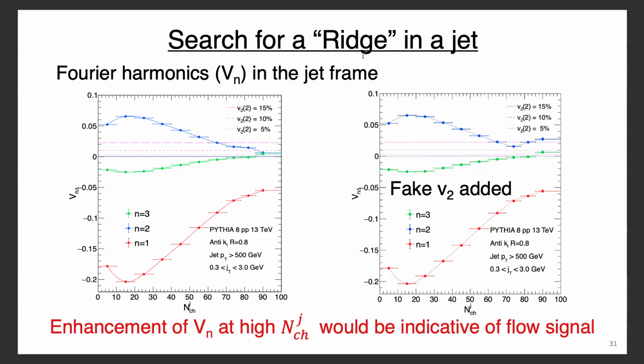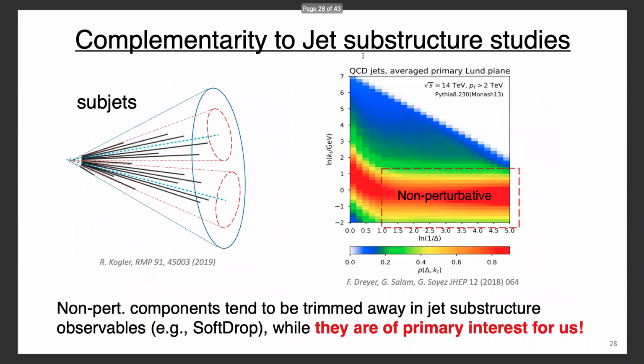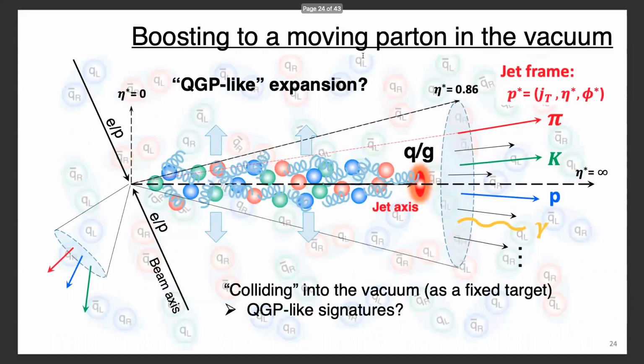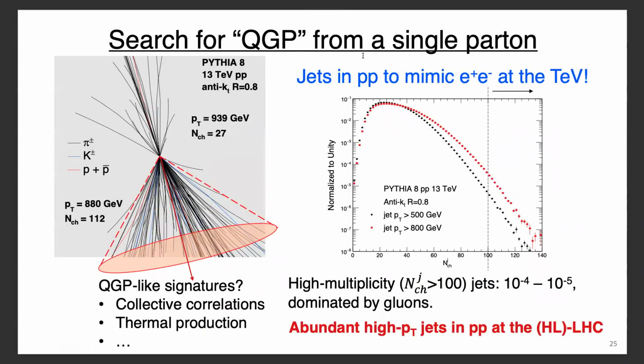I'm trying to figure out exactly what you're proposing. Are you proposing new measurements or more imaginative modeling? The new measurement, to measure the flow in this type of jets. Which ones? The jets that produce, in one jet, a couple of hundred charged particles.